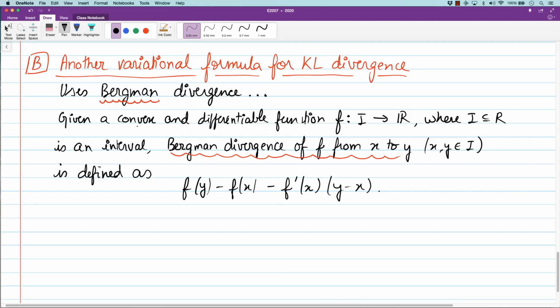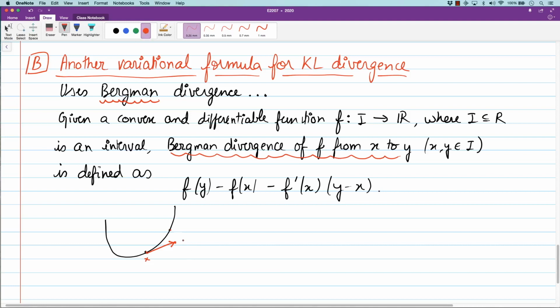You have to keep in mind that f is a convex function, so it looks something like this. We took 2 points, x and y, and we looked at the tangent at x, f prime x. That's the direction f prime x, and we took a step equal to y minus x in this direction. That will get you somewhere here.